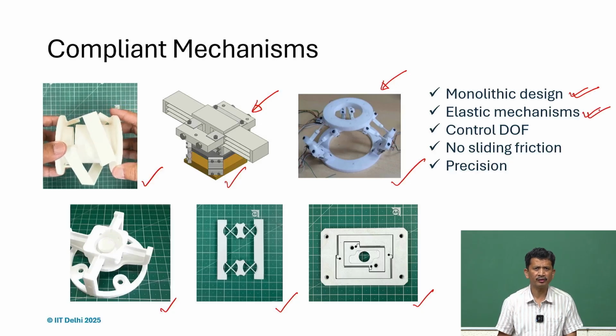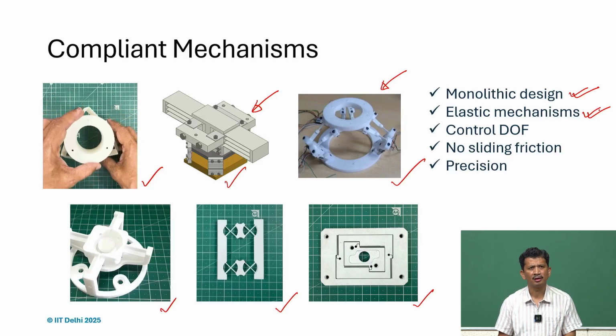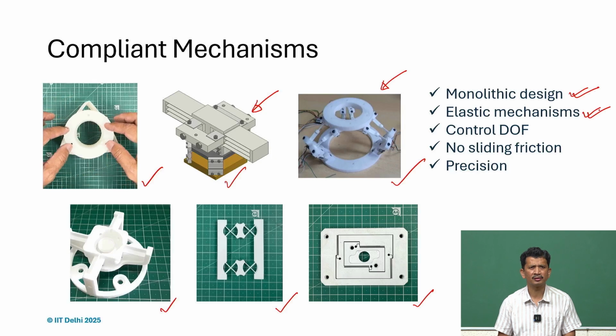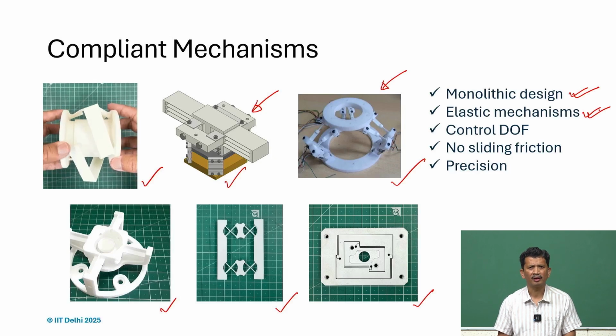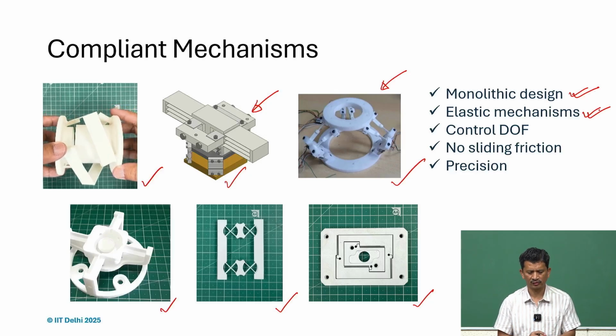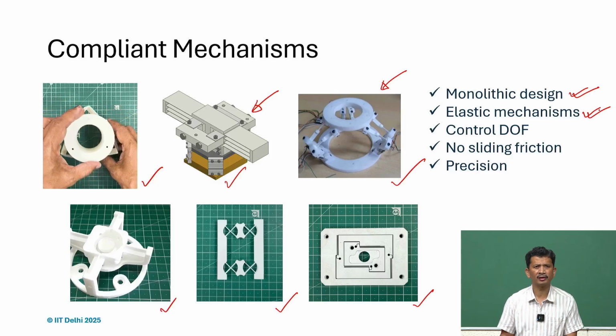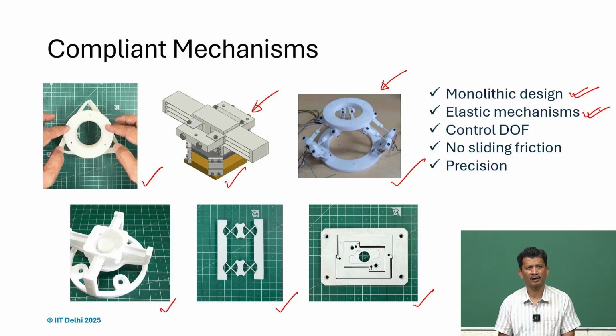We also observe that the range of motion we are talking about is still within the elastic region, so they can always come back to their original positions, and that's why we call them elastic mechanisms as well.